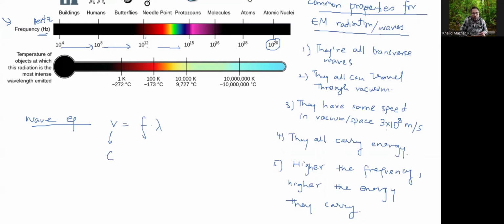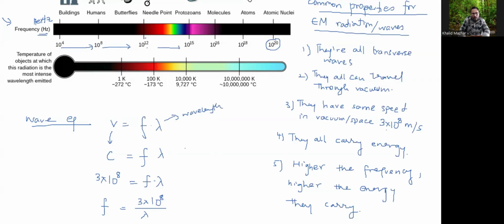Although we are aware of the fact that this c is basically 3 times 10 to the power 8. If I rearrange it, you can see that frequency would then be inversely related to the wavelength. What is lambda? Lambda is the wavelength. f is the frequency.